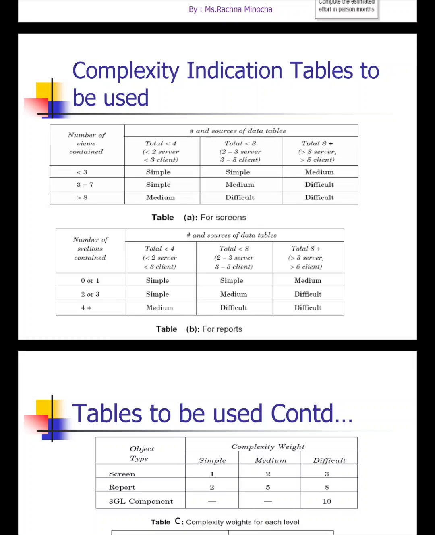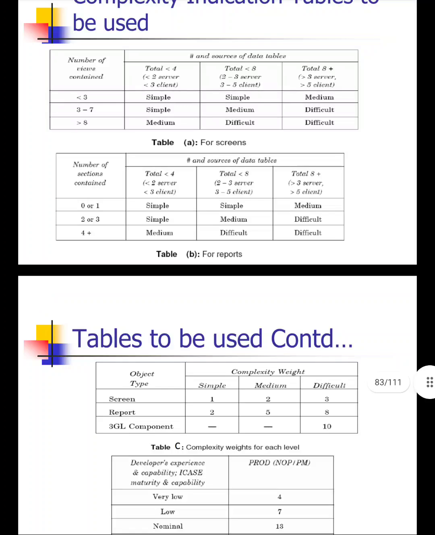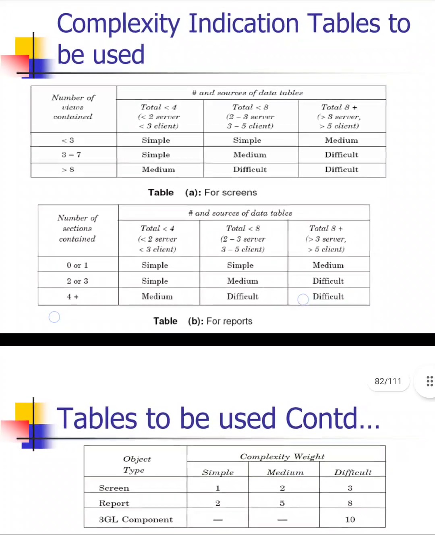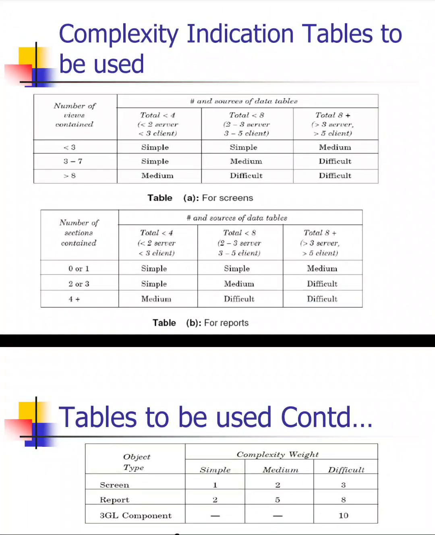These are the complexity indication tables for the components. The three different components are screens, reports, and components, with complexity weights for each level. If the number of screen views is less than 3, then we look at the sources of data tables, and then there are servers and clients for the screens.